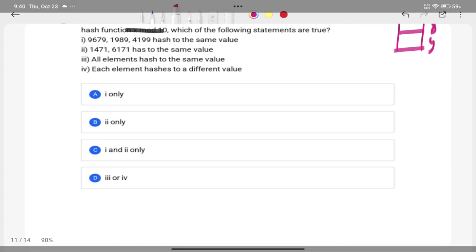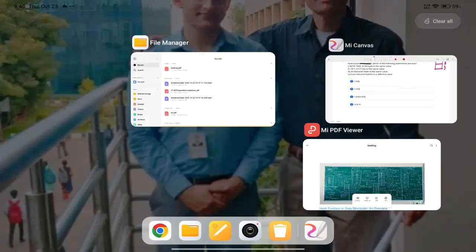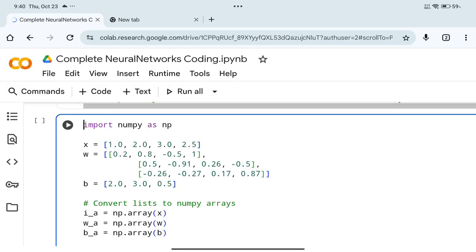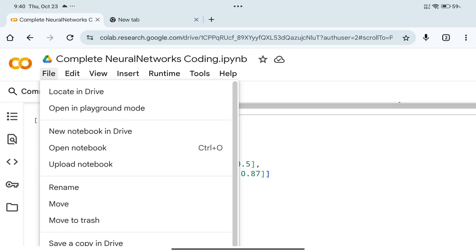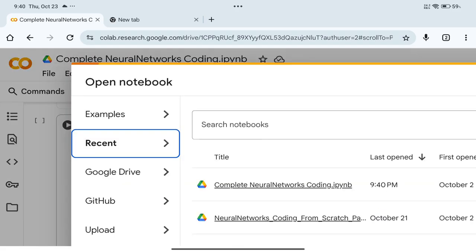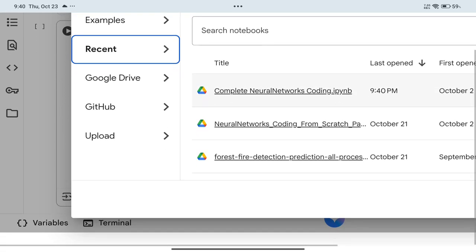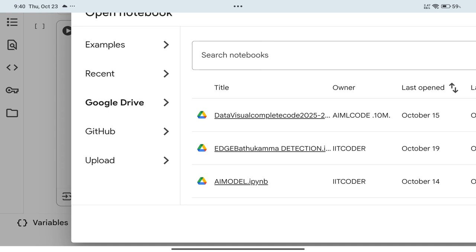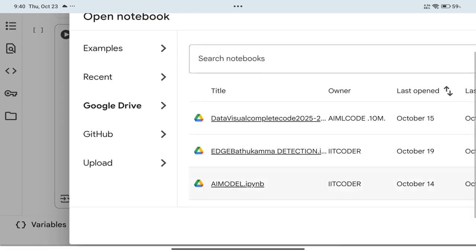If still you are not able to understand, I can also show my Colab, if you want. In my open notebook, if you come, there are many files in Google Drive, and we are talking about the ADS.